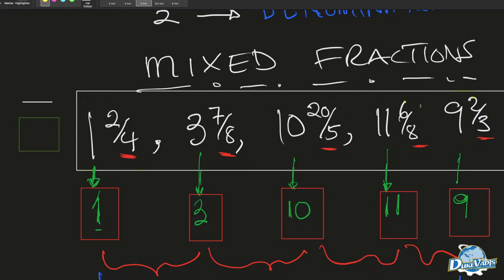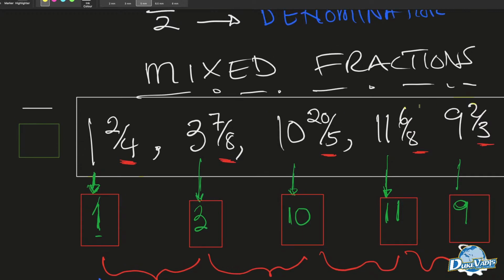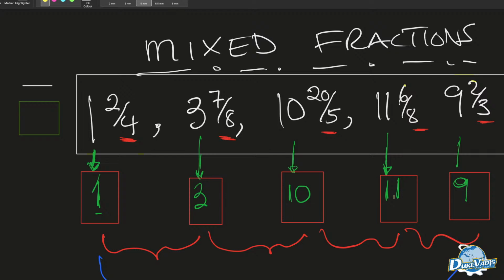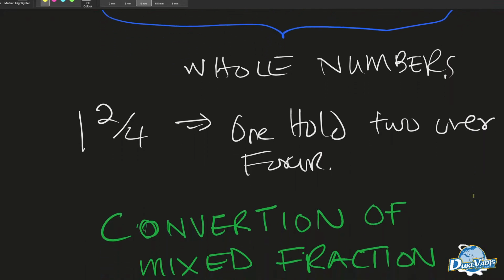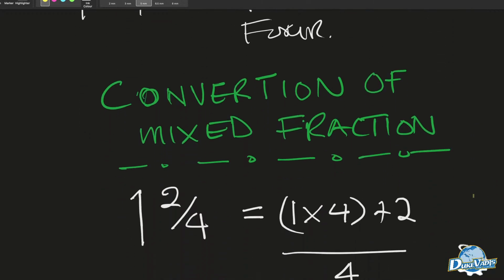Then we highlighted all the whole numbers. So the number that came before 2/4 is 1, this is 3. So we know 1, 3, 10, 11, 9 are all whole numbers. So we say this can be written as 1 whole number and 2/4.